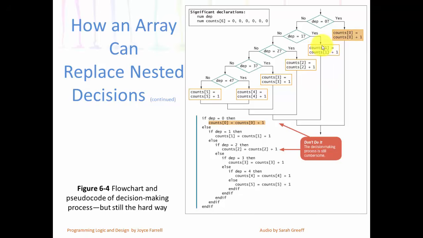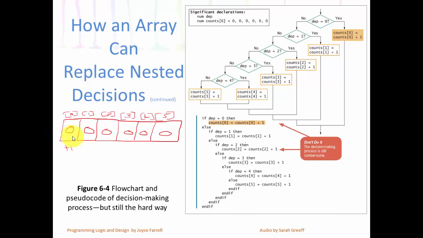At position count 1, we're going to add 1. At position count 2, we're going to add 1. At position count 3, we're going to add 1. At position count 4, we're going to add 1. And at position count 5, we're going to add 1.